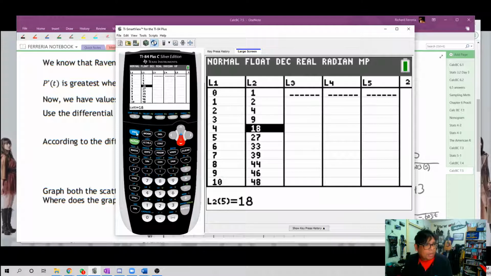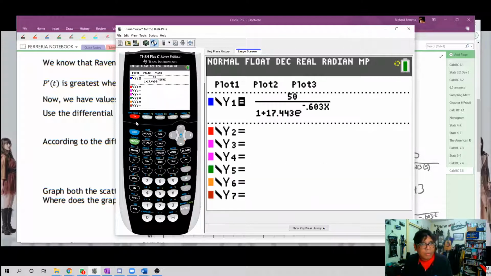And Y1 is going to be equal to 50 over 1 plus 17.443e, blah, blah, blah. I use an X instead of a T, otherwise it's not going to graph. But that is the logistic growth equation that I found using the calculus stuff.